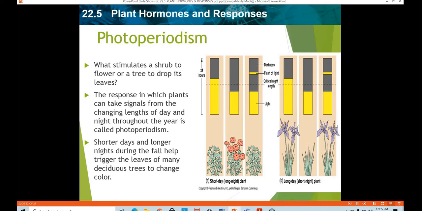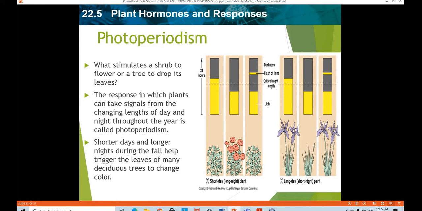We are especially talking about the shrub known as poinsettias. It will not bloom if there is 1 extra minute of light in the evening. So they calculate the time, and depending upon this calculation, the flowers bloom and growth happens in the shrub.